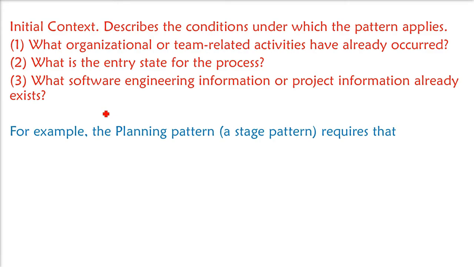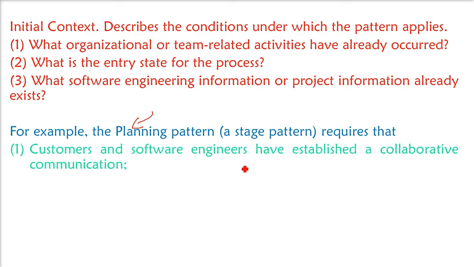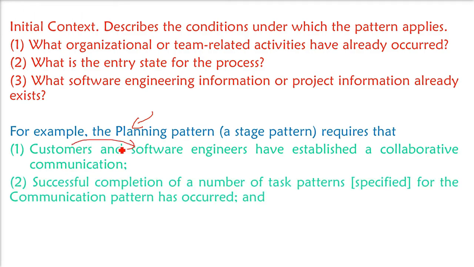Let me give an example. For example, the planning pattern we are talking about. It's a stage pattern, right? What does it require? We are talking about planning. Planning is one of the framework activities, okay? So we are talking about a stage pattern here. Here, customer and software engineers are communicating. They have a collaborative communication.